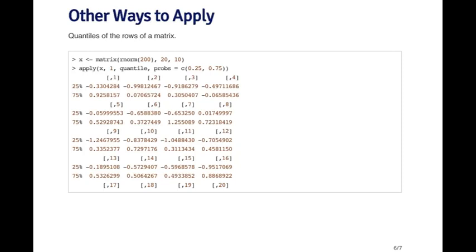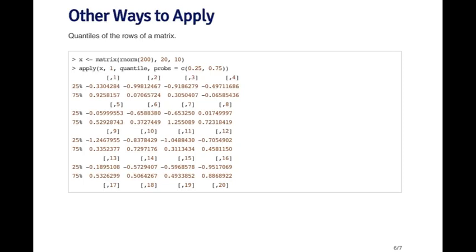So what this call does is it goes through each row of the matrix, and for each row it calculates the 25th and 75th percentile. So for each row there are going to be two numbers returned. And what apply will do is create a matrix that has two rows, and the number of columns is equal to the number of rows in this matrix, which happens to be 20.